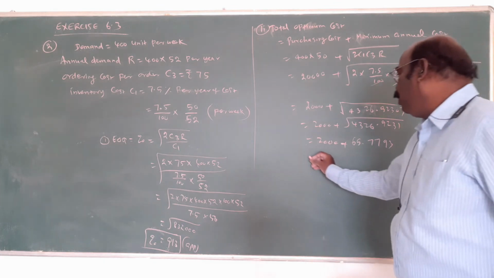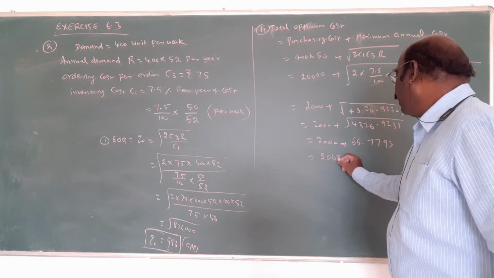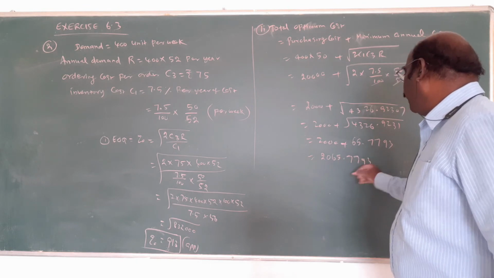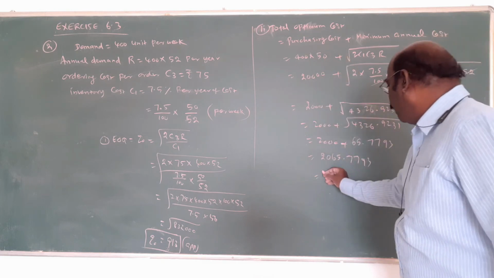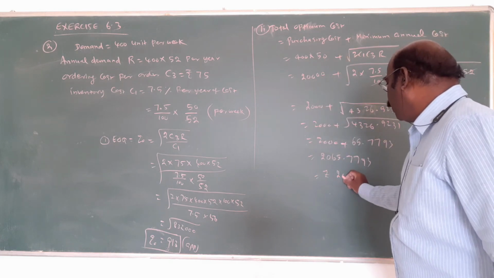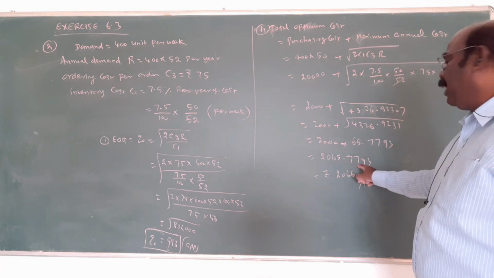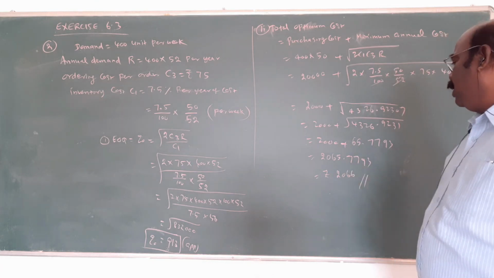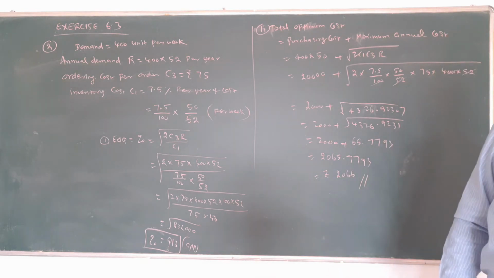Then adding this value, 2065.7793. The approximate total optimum cost is rupees 2066. That is the answer.